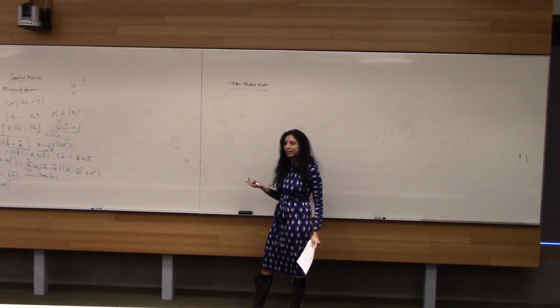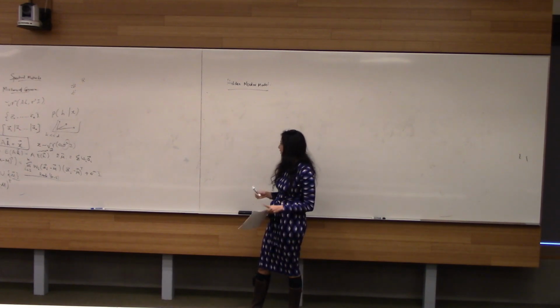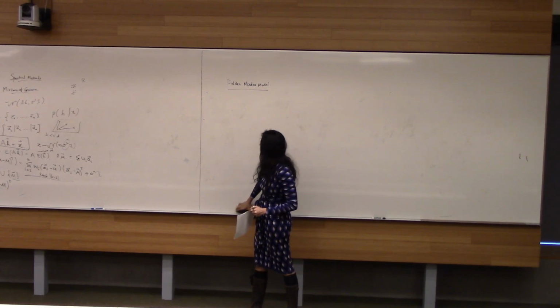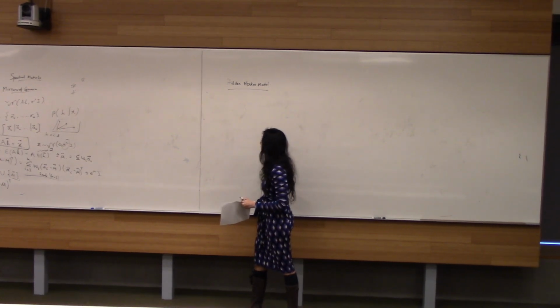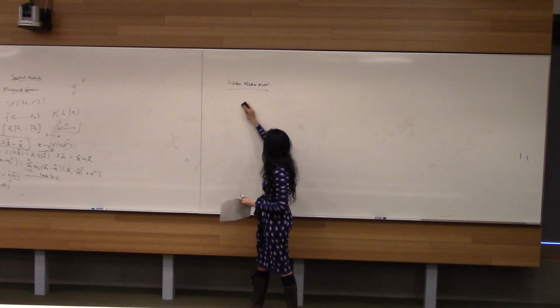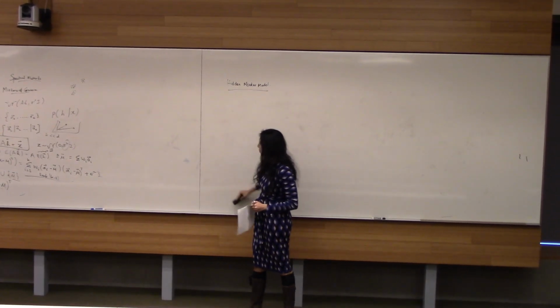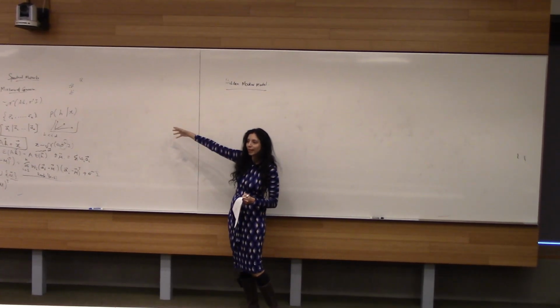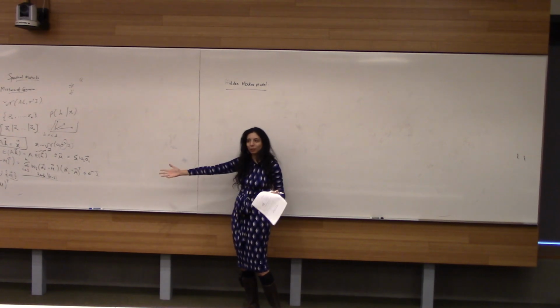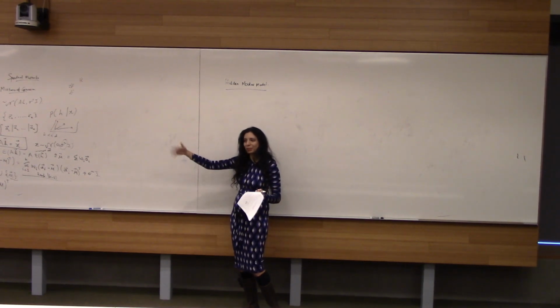So the main idea is that now you have a hidden random variable for each time step, or each step in the sequence. So now the model, instead of just being one sample, is a sequential model. You take samples at every point in time.